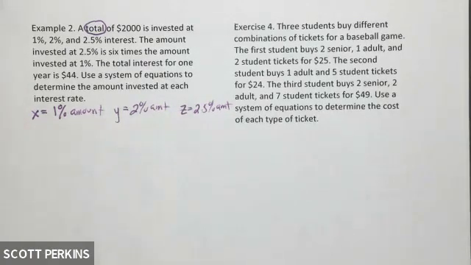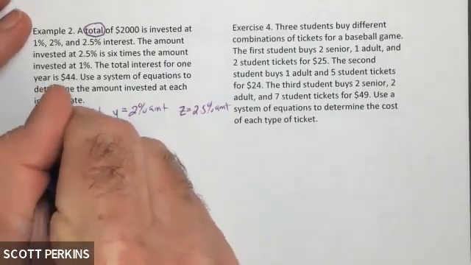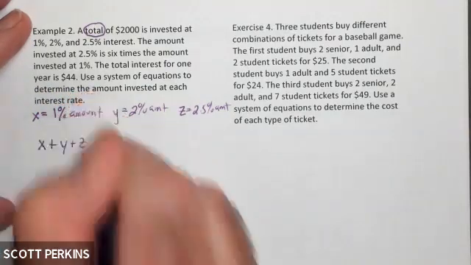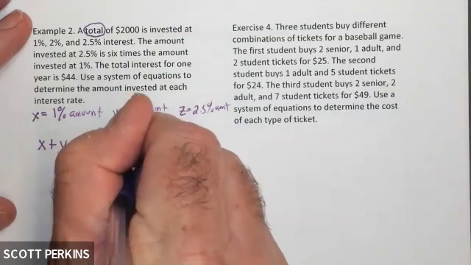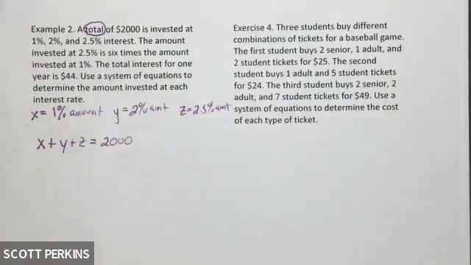So what's an equation that I could write for that first sentence? Bam, yes. X plus Y plus Z, that's total. I'm adding up the amount for each account, and that adds up to 2,000. Good, there we go.